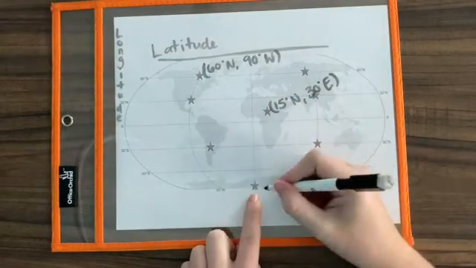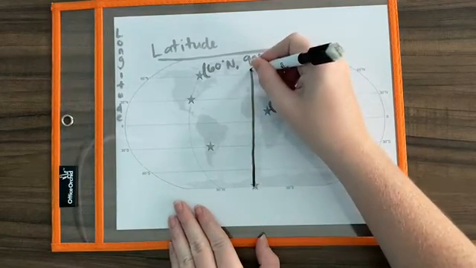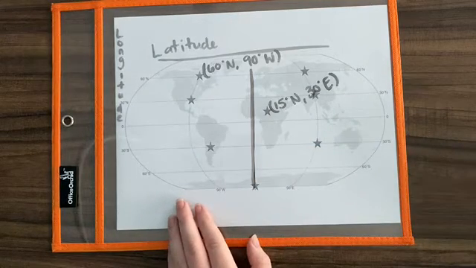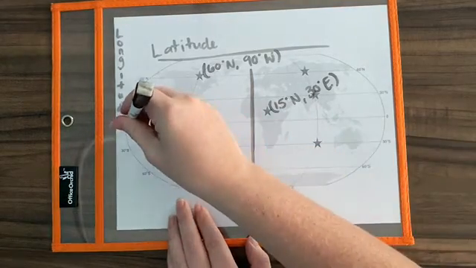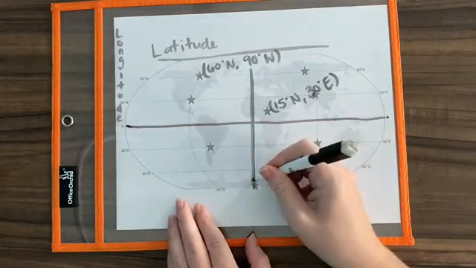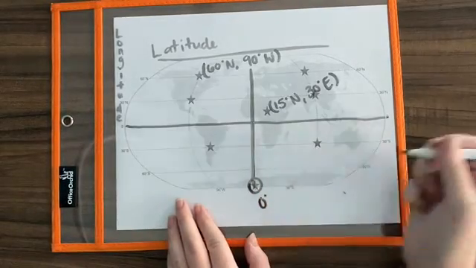This one is on 0 degrees. This is the prime meridian. And this 0 is the equator. So since this is down here, this would be 0 degrees.